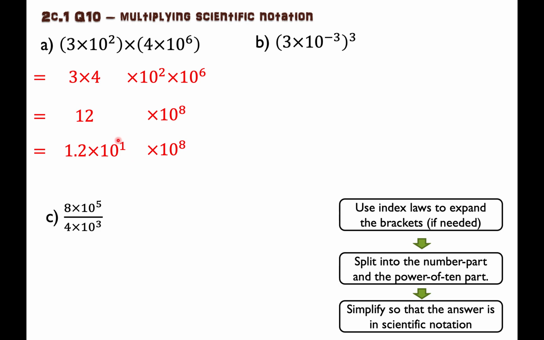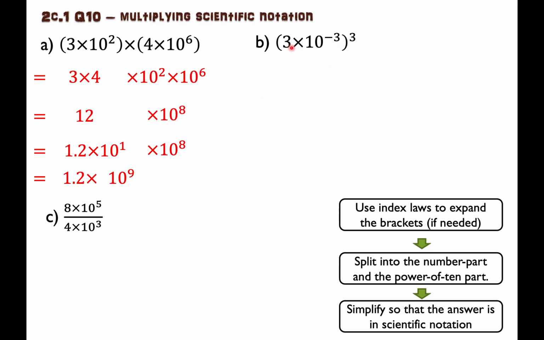Okay, well now I've got 1.2 times, this is the same kind of thing we had before. A power of 10 multiplied by another power of 10, you add these exponents. 1 plus 8 gives 9. And now it is in scientific notation. Yes! Okay, let's try another one.